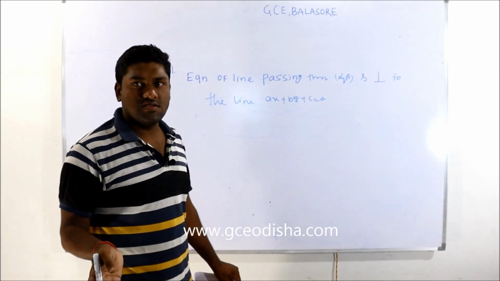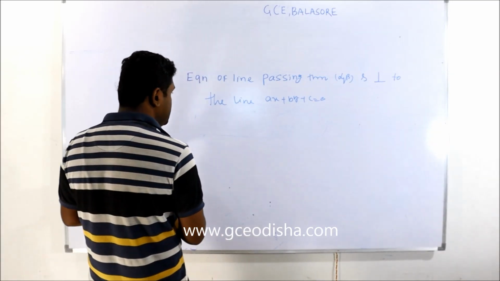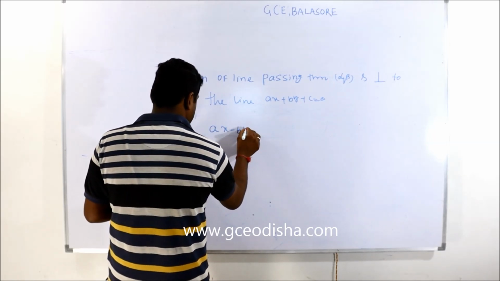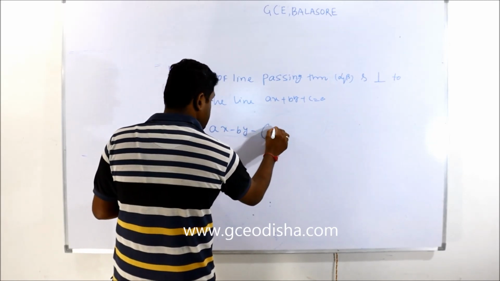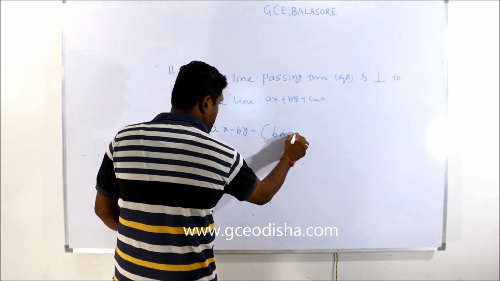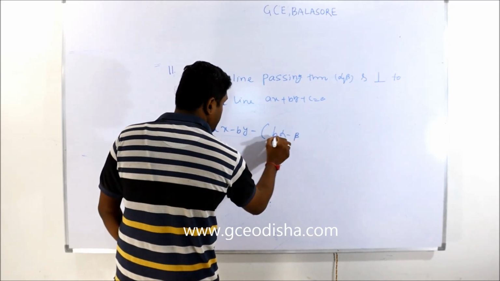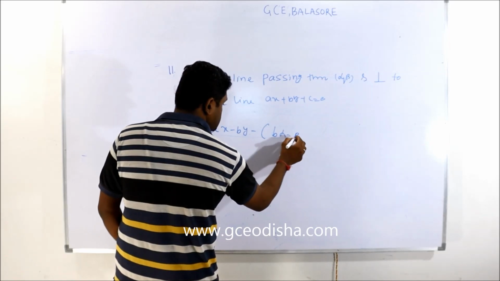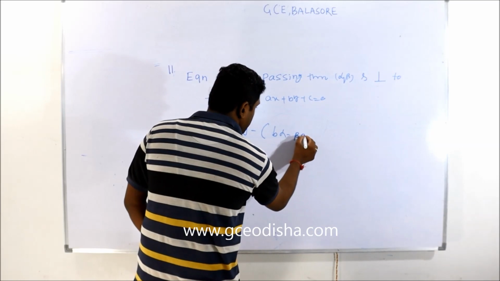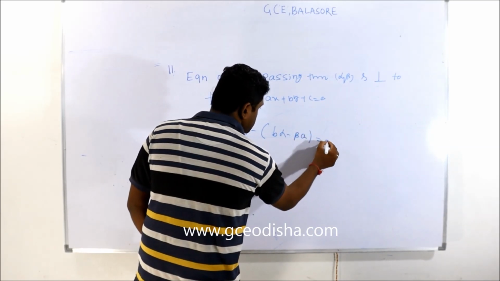In the previous case this was parallel, and in this case it is perpendicular. Then what is the equation of the line? Bx minus Ay minus B alpha plus A beta is equal to 0.